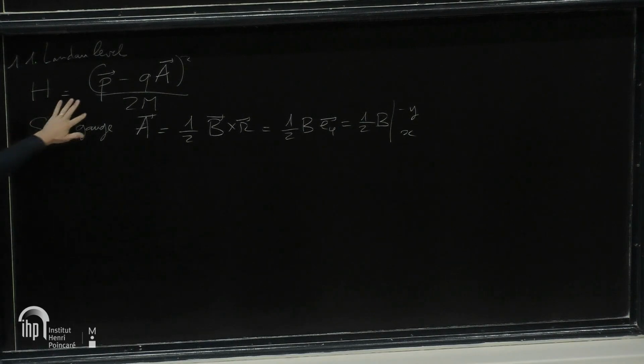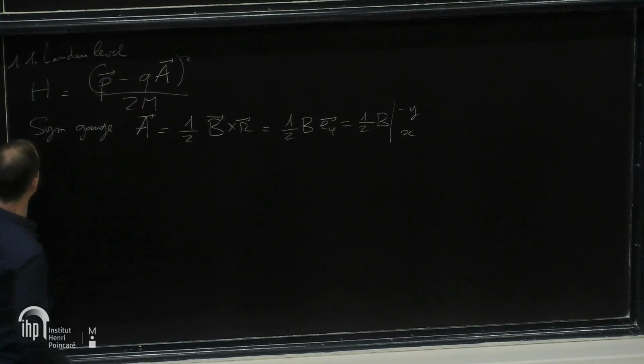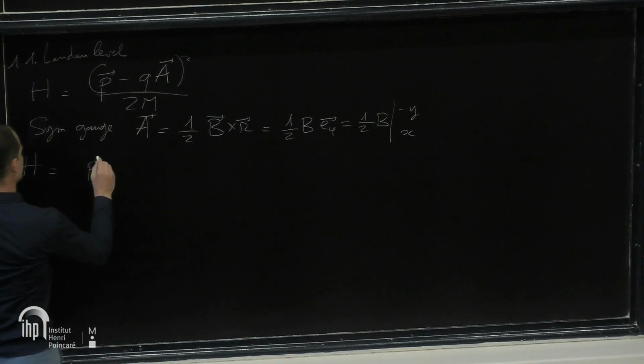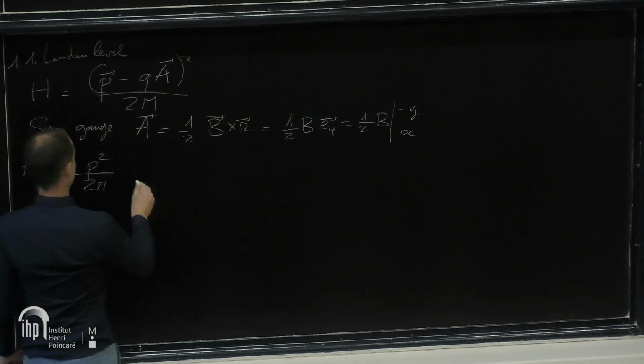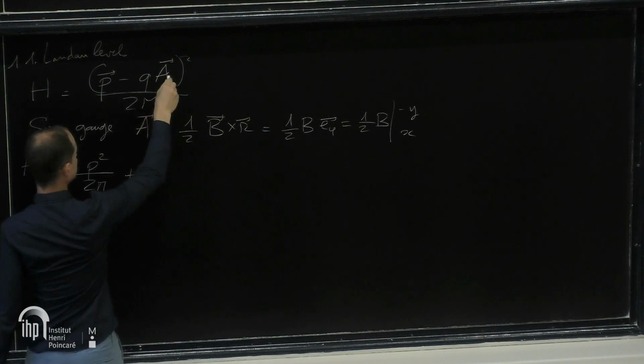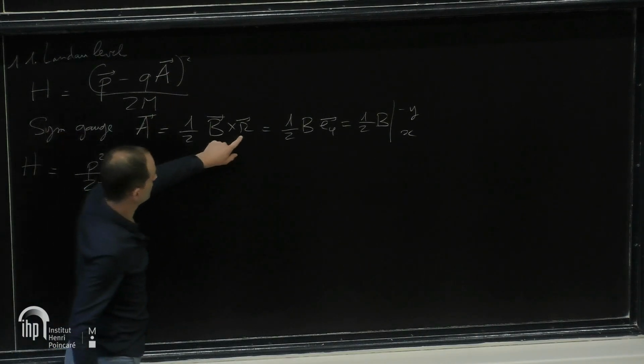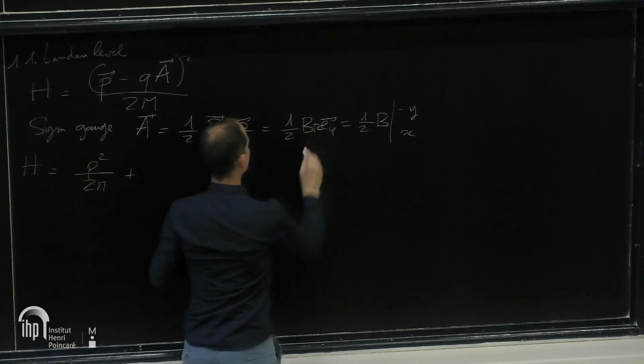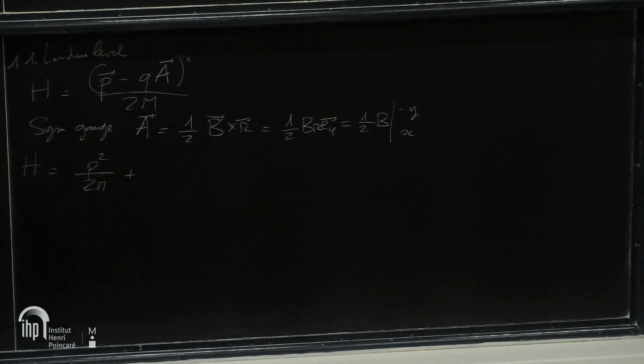So if we want to get quickly the quantum levels, maybe the simplest is to expand this square. And I will first gather the two squares, p squared and A squared, in the following way: p squared over 2m plus, I forgot r here, A squared involves the square of r.